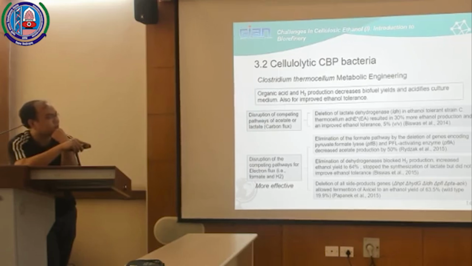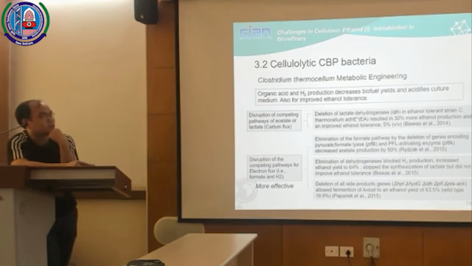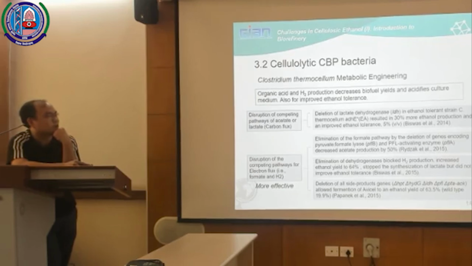And the carbon flux approach generally deletes the genes of lactate dehydrogenase, which reduces the byproduct lactate by 30% and improves ethanol tolerance. But the second method is much more efficient.